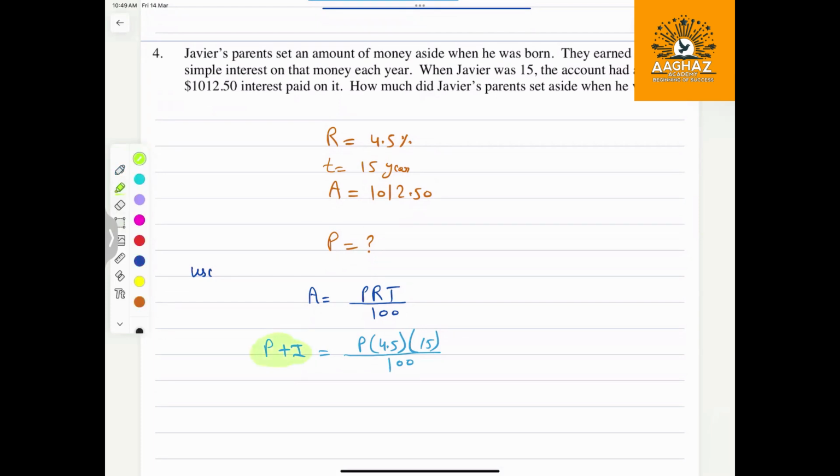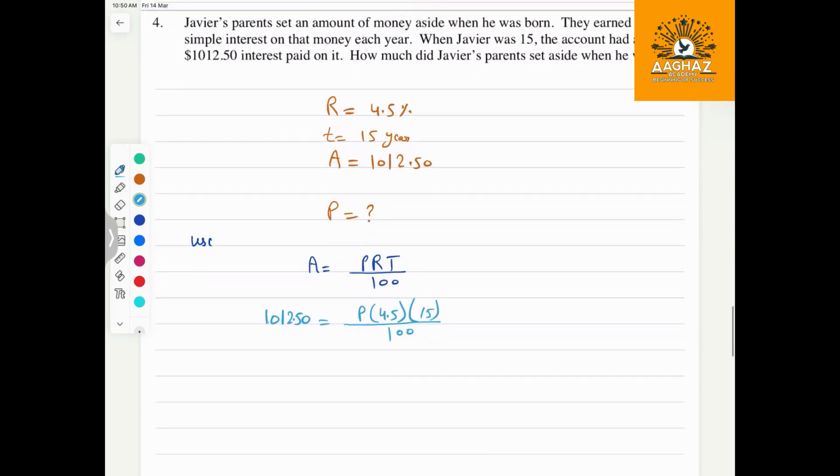I think this A value is given, and I can put the A value also, that is 1012.50. And now from this I want to find the P value, the initial amount that her parents paid. To find this value, the 100 that is dividing shifts to the other side and comes in multiplication, and 4.5 and 15 go to the other side and come in division.